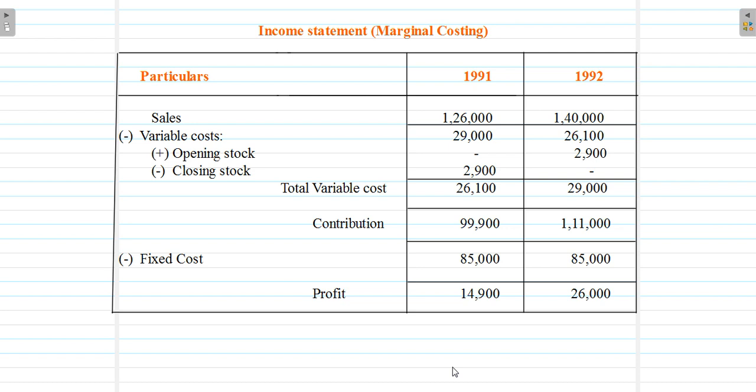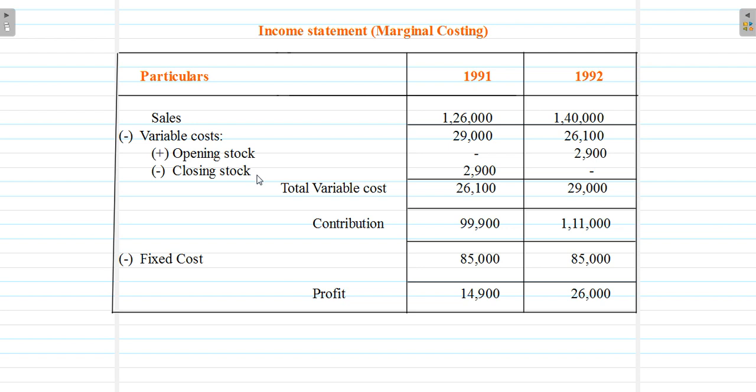If you take the marginal costing, we are going to determine contribution. Contribution is arrived by finding the difference between sales and variable costs. Sales, we've already seen how to determine: number of units into the sales price, minus variable cost. In the variable cost, we will be including the opening stock and the closing stock.